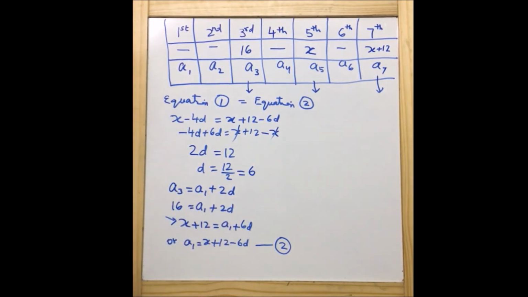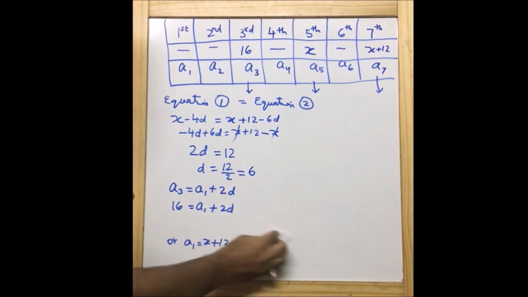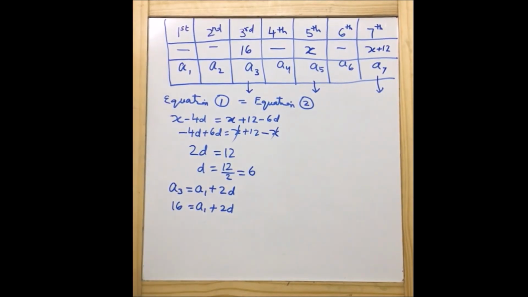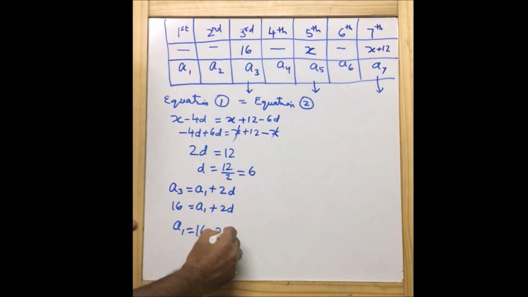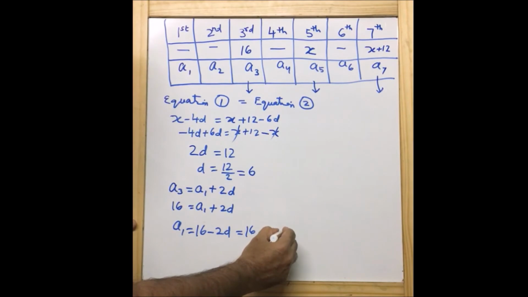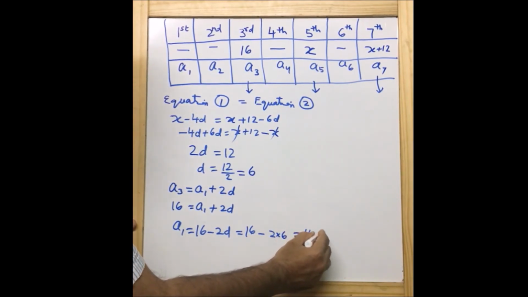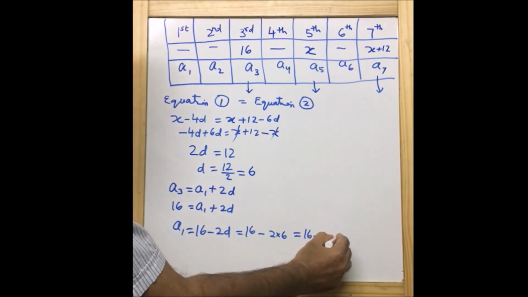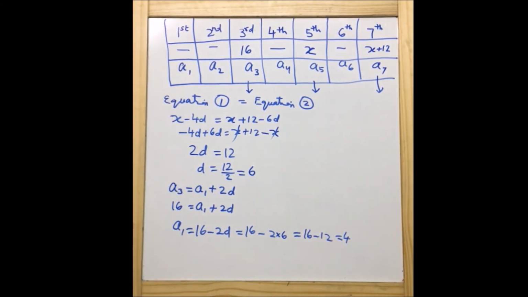Now solving this equation, A1 is equal to 16 minus 2D, that is equal to 16 minus 2 times the value of D, which is 6. So that is 16 minus 12, that is equal to 4. So guys, you could see we got the value of A1 is equal to 4.